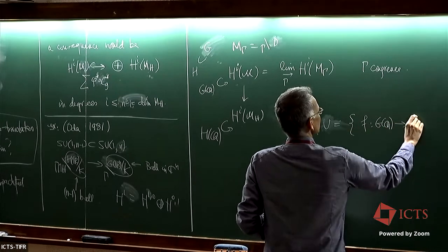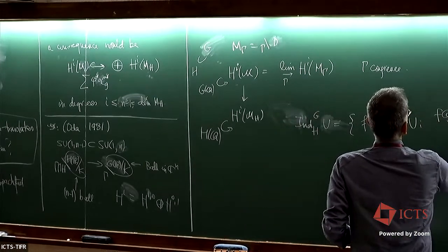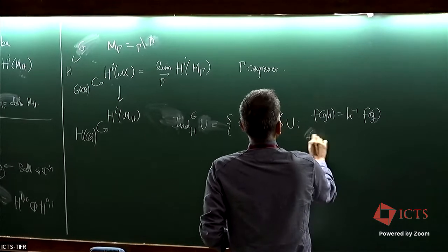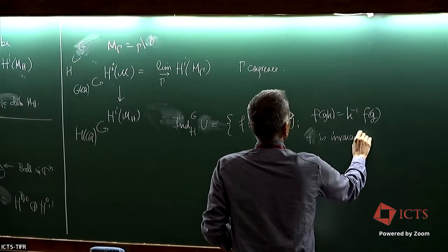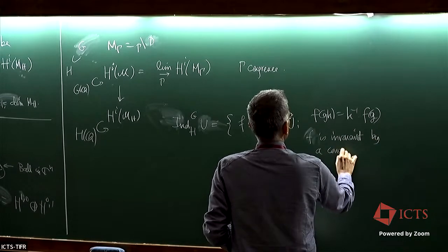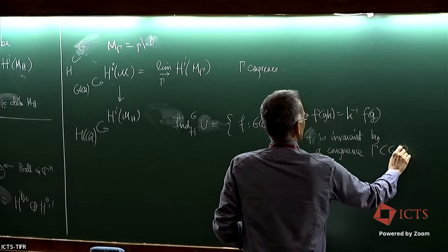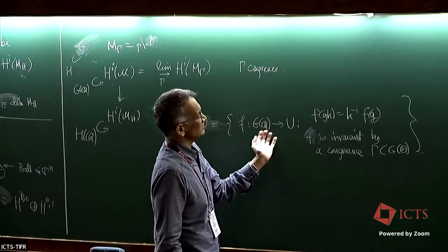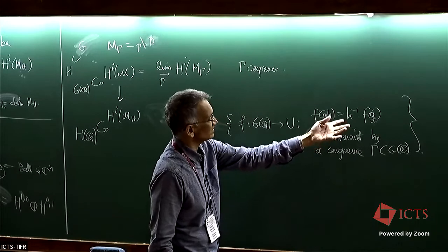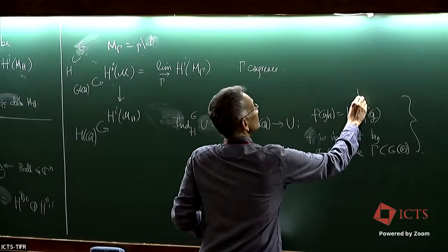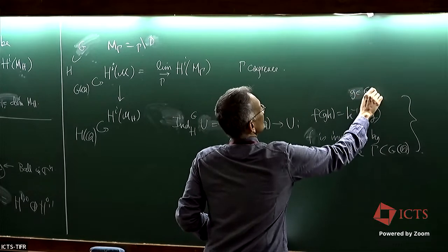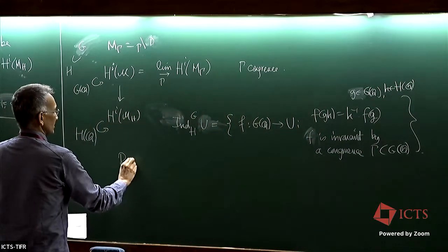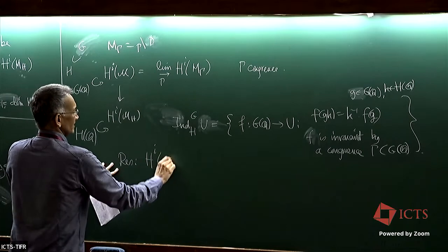This is a function space, functions from G(Q) to U, which are invariant under a certain congruence Γ, and have a right transformation property with respect to H. So the point is that this map gives you a map, which we'll call big Res, from H^i_M to this induced module.